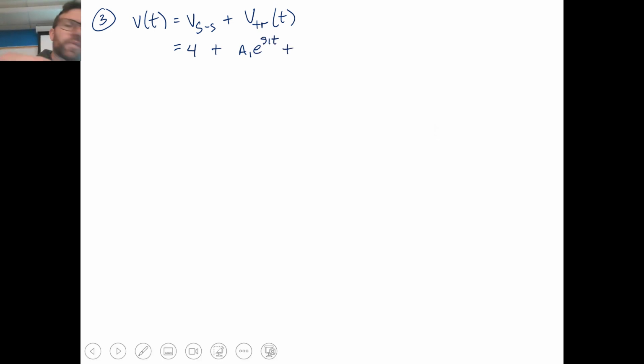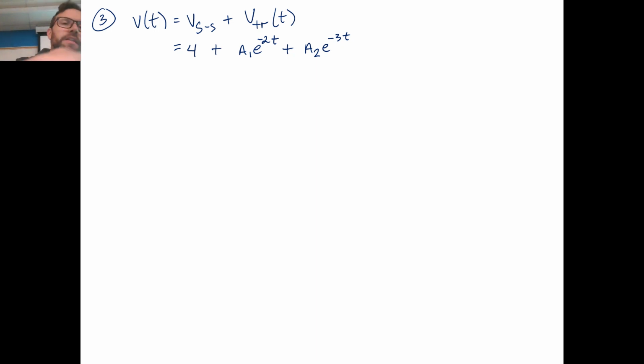We can write the total response, as we've discussed, as V steady state plus V transient of t, which is equal to 4 plus A1 e to the s1 t. Oh, actually, we have s1, right? It's A1 e to the minus 2t plus A2 e to the minus 3t.